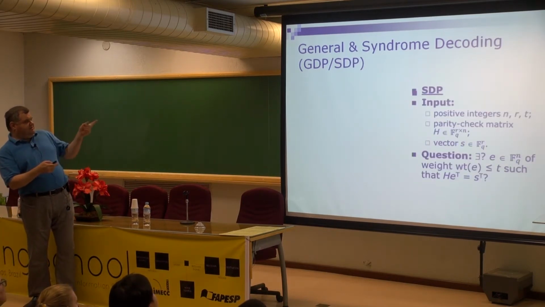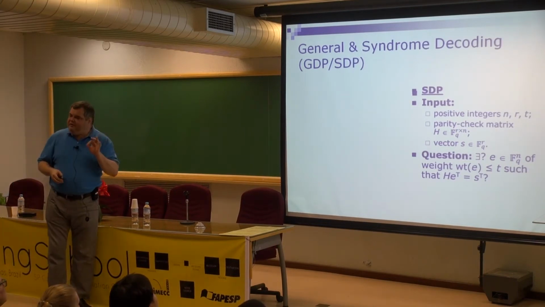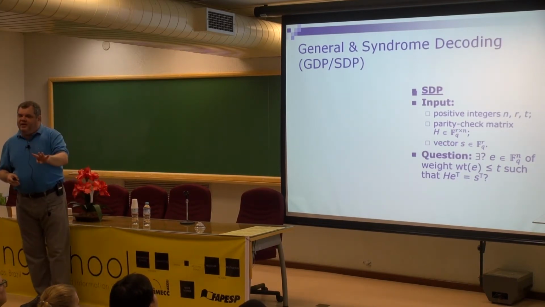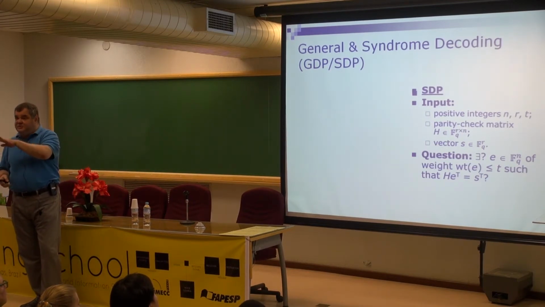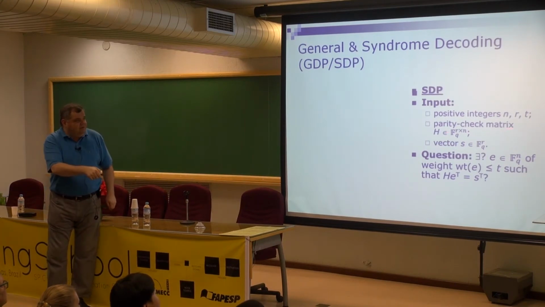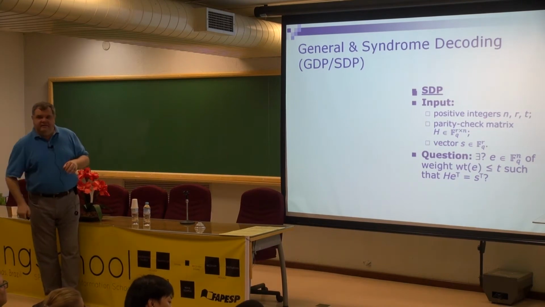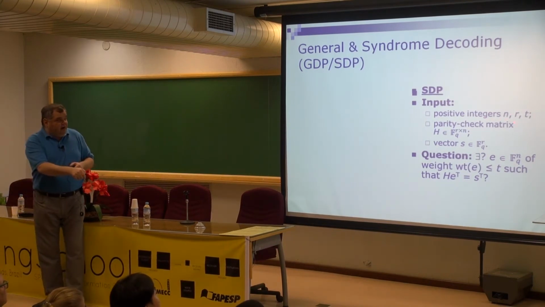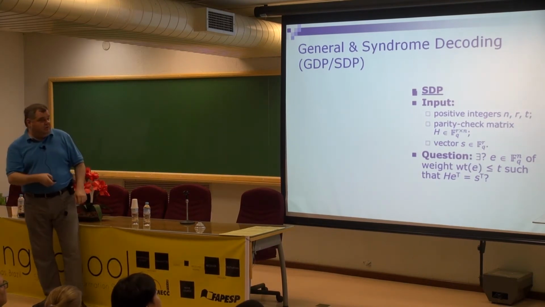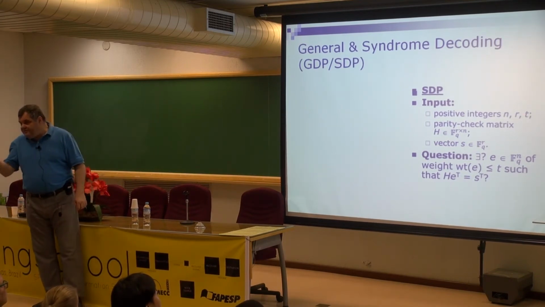If we specify a code by one of its parity check matrices H, we are given this parity check matrix plus the dimensions, the code length N, the code dimension R, the dimension of the dual code, and a certain bound on the number of errors we can correct.